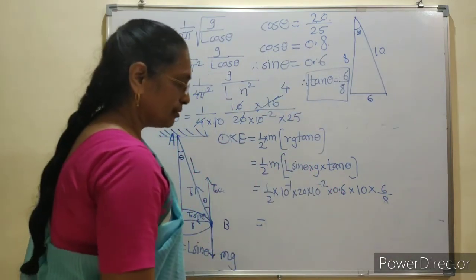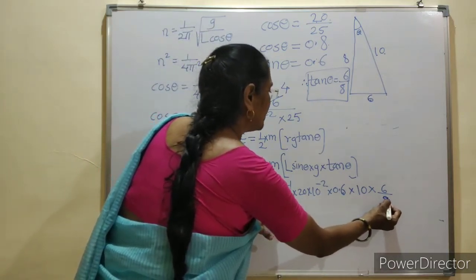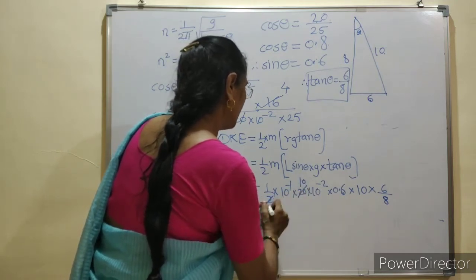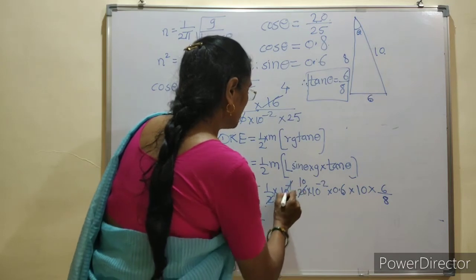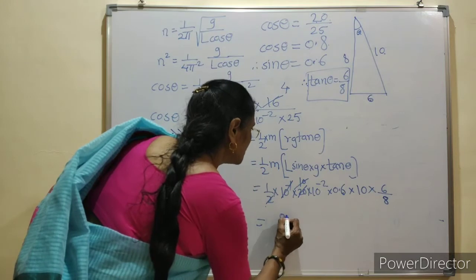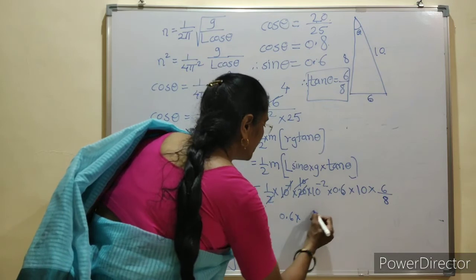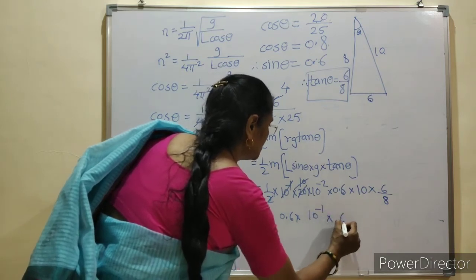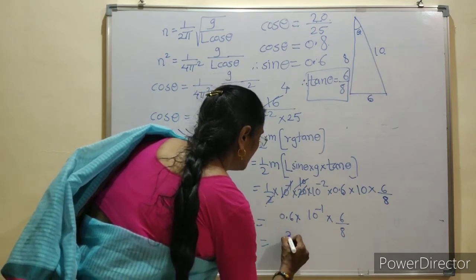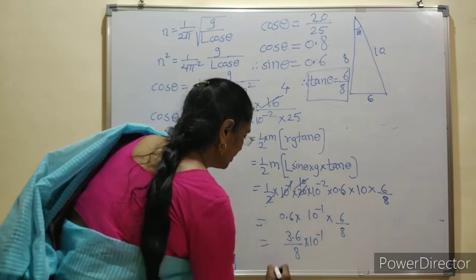This can be obtained by simple multiplication. 20 divided by 2 is 10. Here 10 to the minus 1, the 10 cancels. Here 0.6 into 10 to the minus 2 into 10 is 10 to the minus 1, so 6 by 8. So here it is 3.6 upon 8 multiplied by 10 to the minus 1.